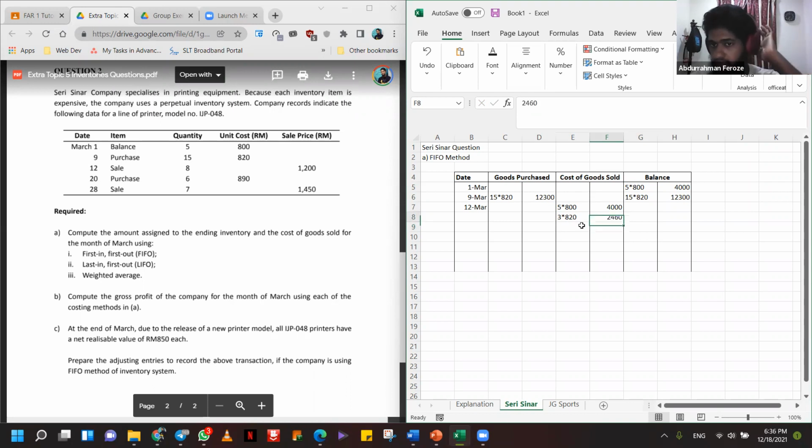Now the ending balance: the 5 are used up already, 3 is used up from here, so it would be 12 into 820, which would be 9,840.